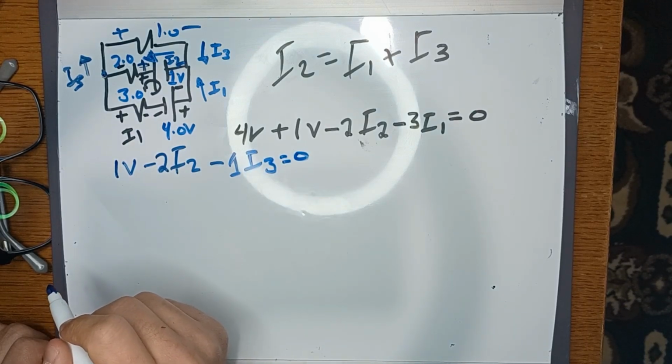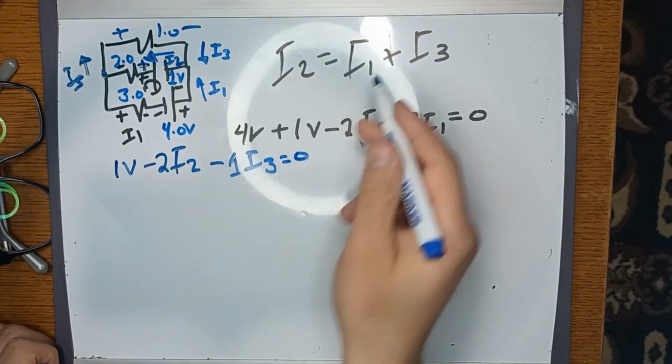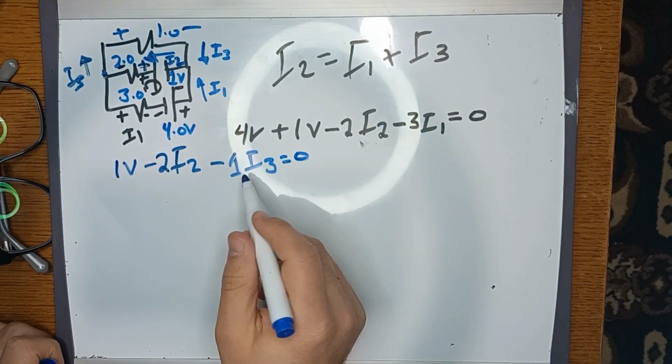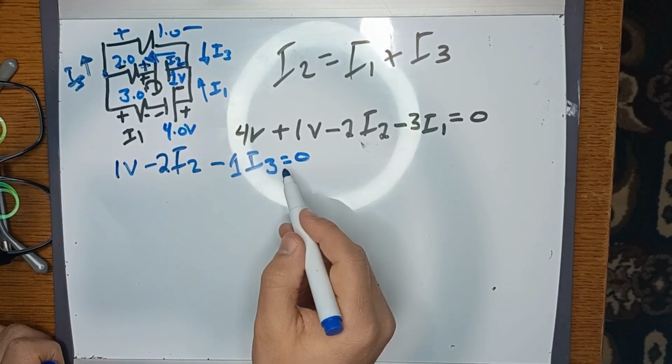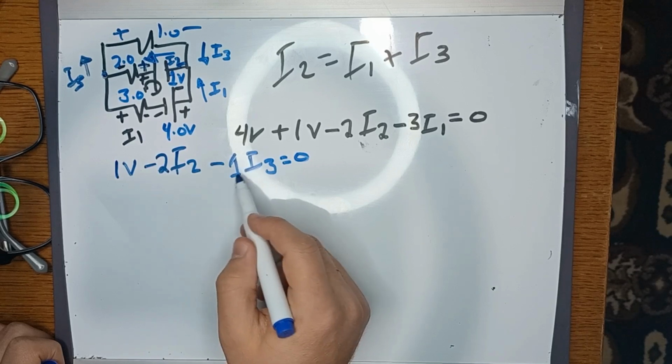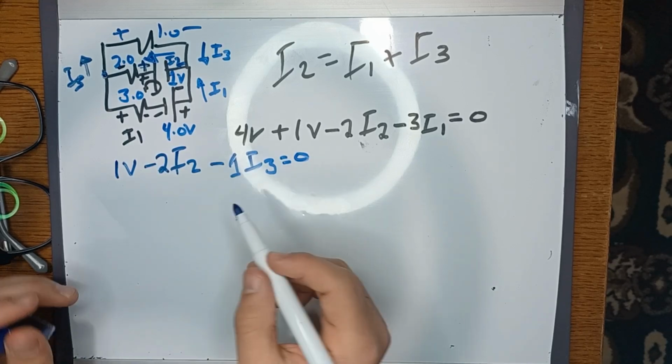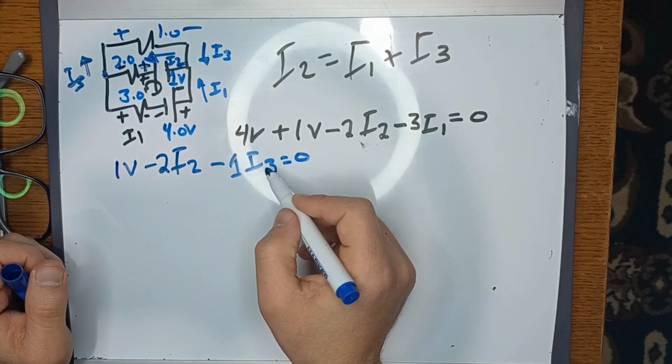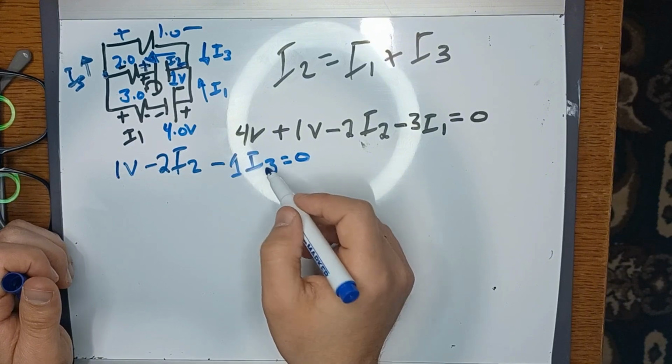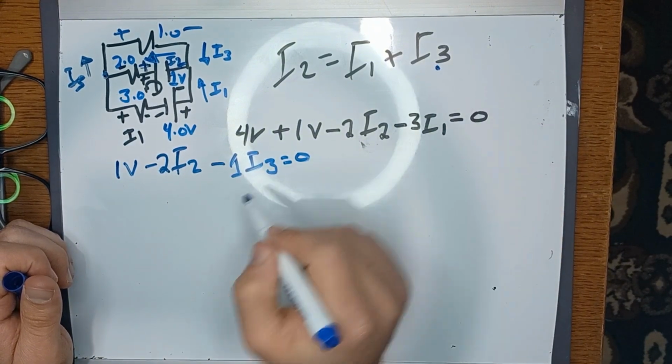This is what we have, these two equations. Now I'll isolate for I3, since there's only one here, it'll be easier to solve. And once I isolate for I3, I'll plug it into this equation.